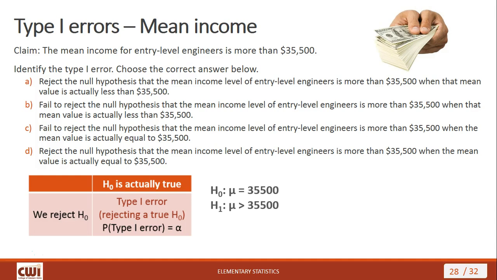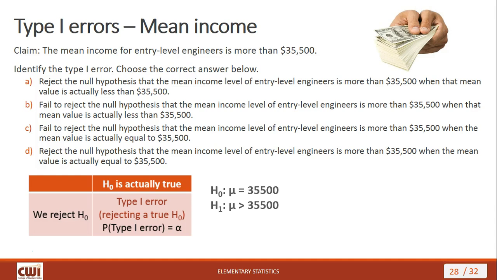So right here we can eliminate answers A and B from being the correct answer, because these answer options say that the mean value is less than 35,500, the statement that's there at the end of each of those answer options. So H0 is true, that means mu equals 35,500, so it's got to be C or D.